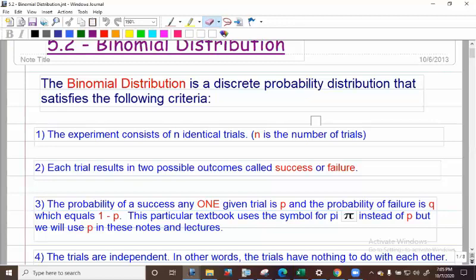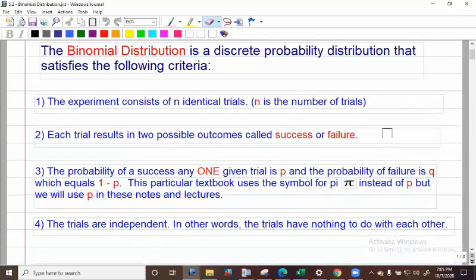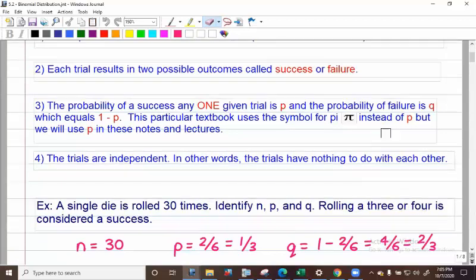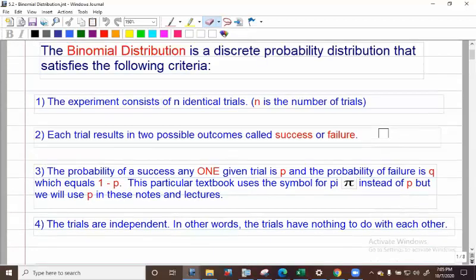All right. Success or failure, and the same thing with probabilities. When we look at the probabilities, we only consider 2 probabilities. Let me talk about number 3, and then I'll use an example of that. We're going to see that coming up anyway.